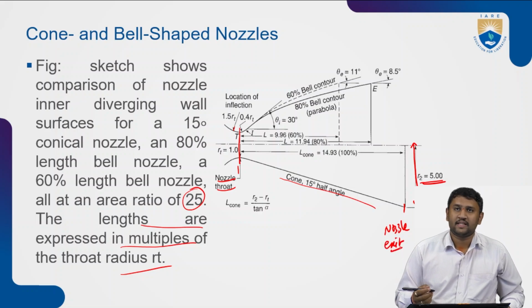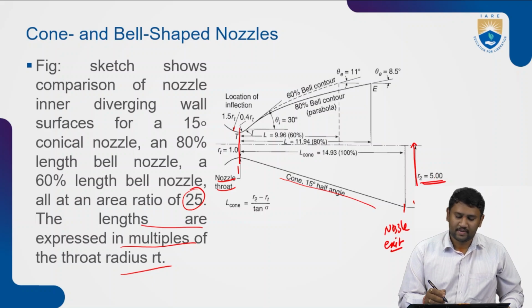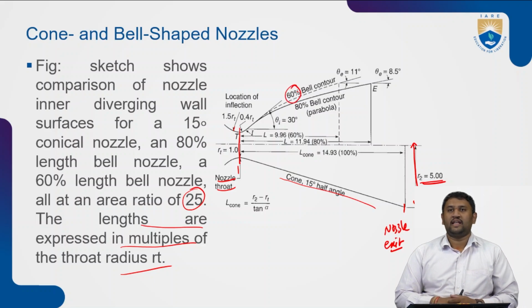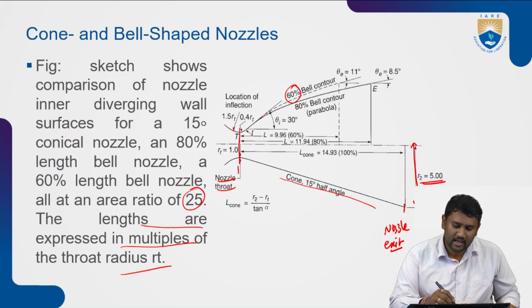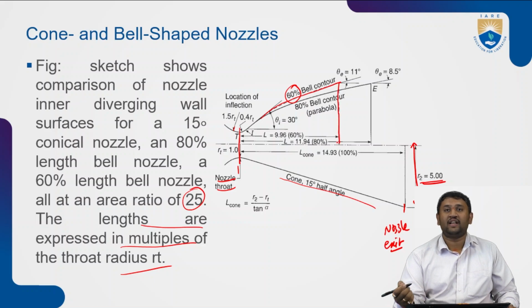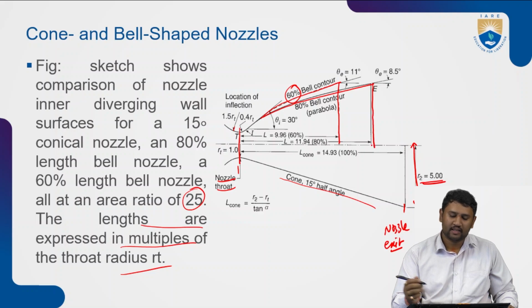Now what happens if I change my bell angle or the incidence angle by some degree more? What happens if I use 60% of the length as a 60% length bell nozzle with the same area ratio? The dotted line being shown here will be the final supersonic nozzle. If I use 80%, it changes its section.